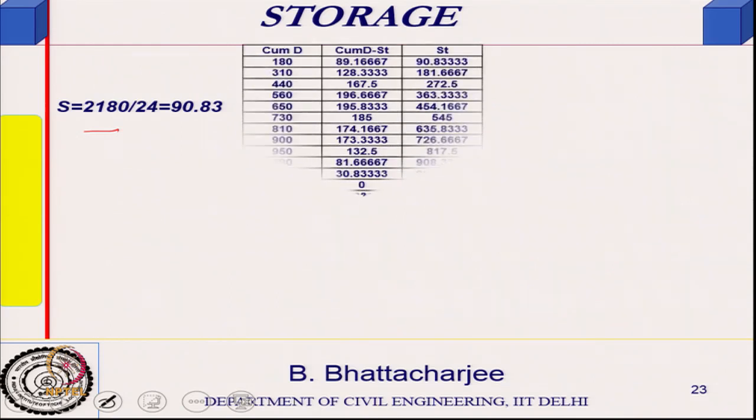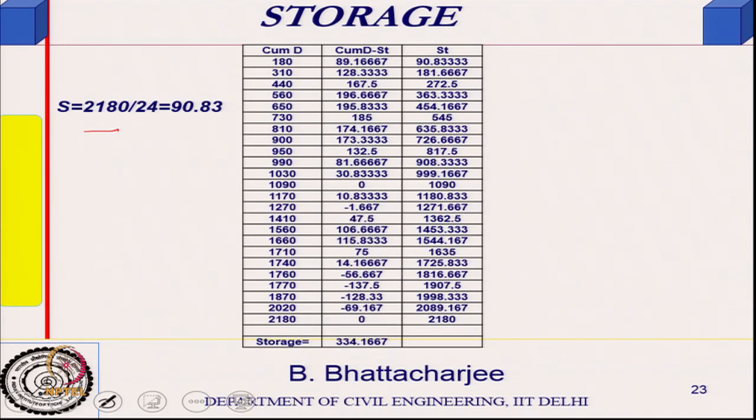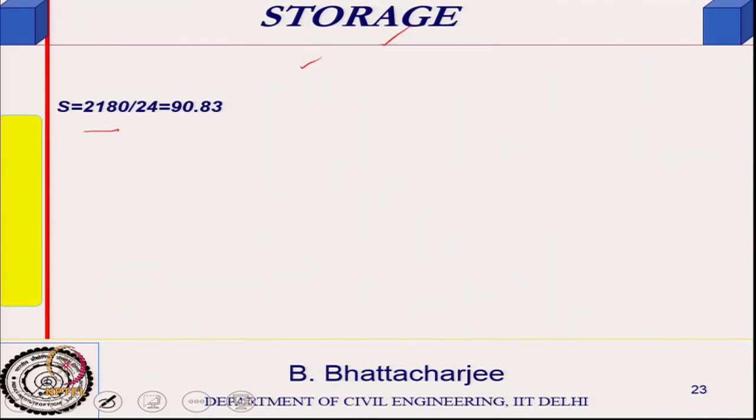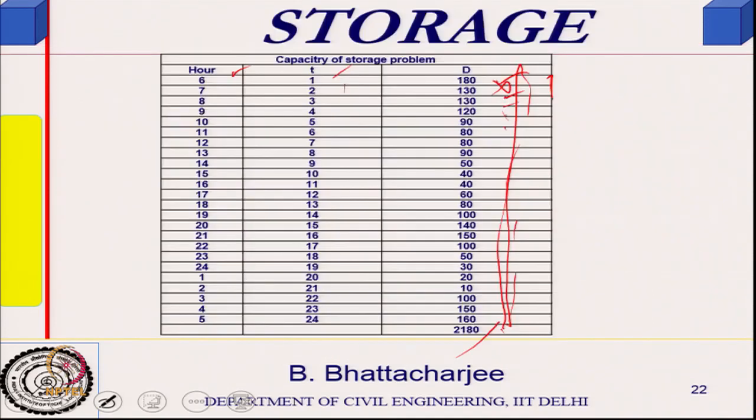Now, you can find out the difference between supply and demand, cumulative demand minus supply. For example, the cumulative demand is 180 in the first hour. Next hour it would be 180 plus 130 cumulative, which will make it 310.